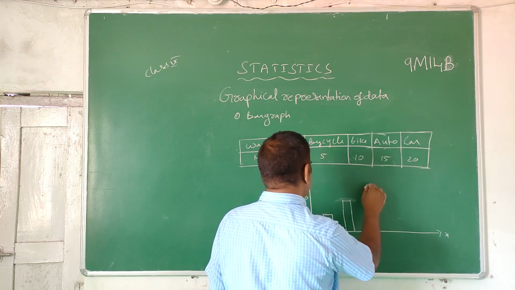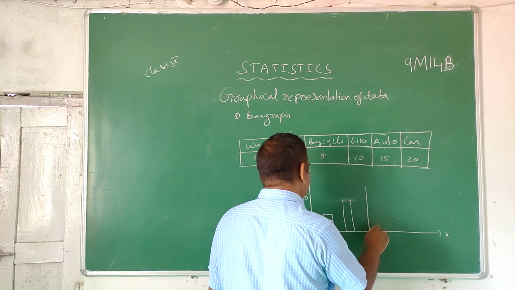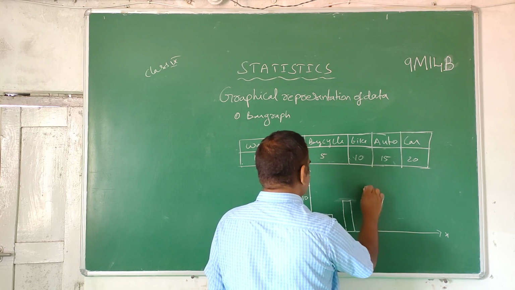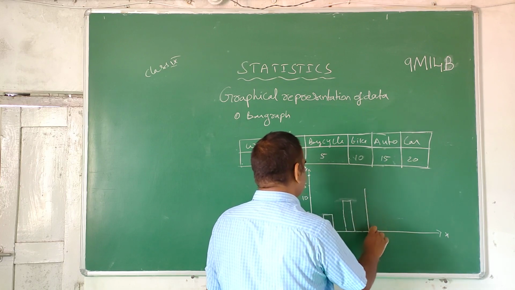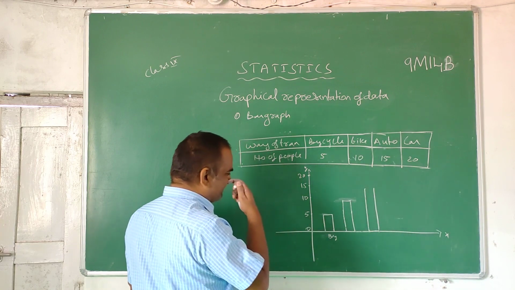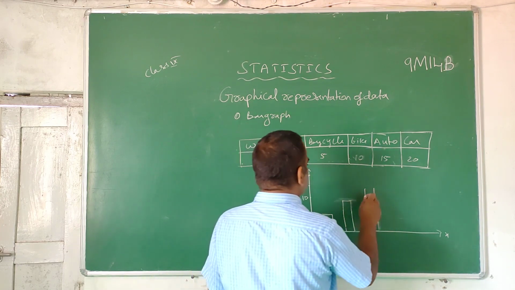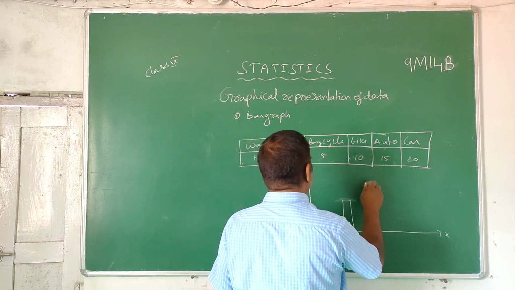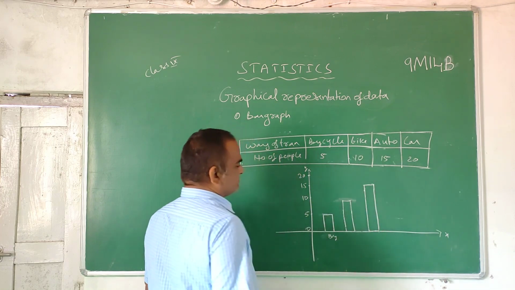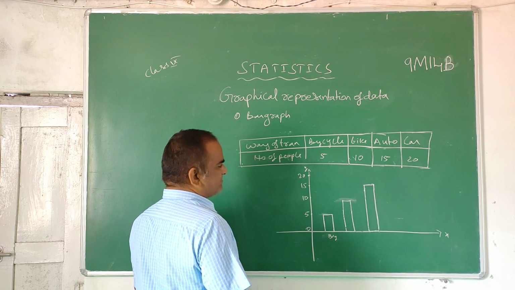There should not be any difference between the gaps between the bars. Though you are drawing approximately, please maintain constant gap. Auto is used by 15 persons in the locality, so the bar will come up to 15.